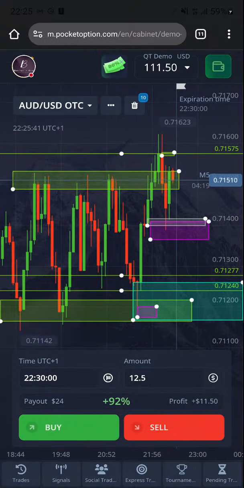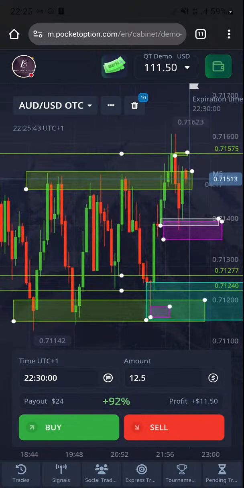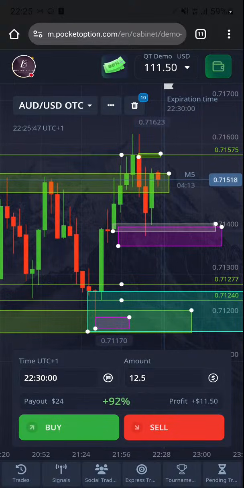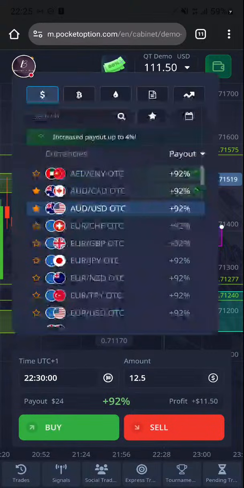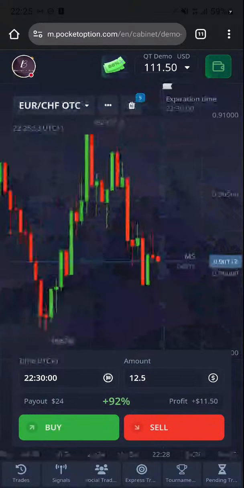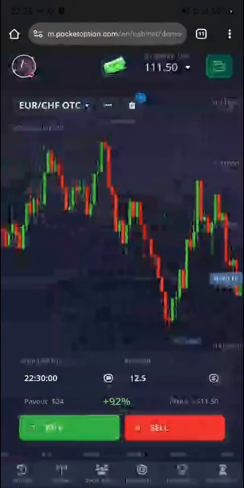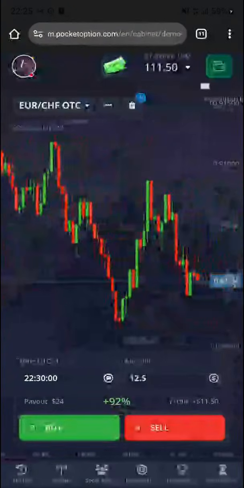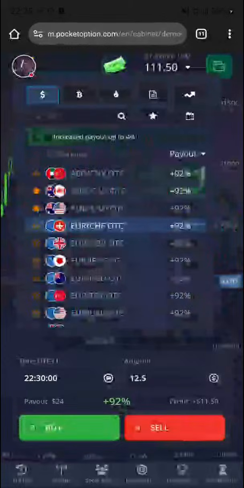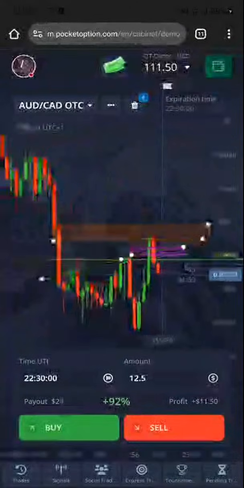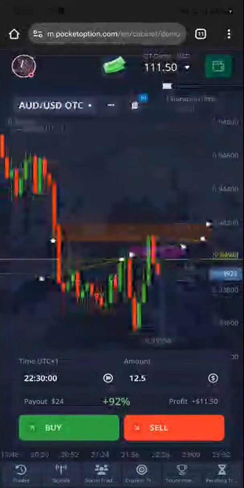Okay. Let's look for a very beautiful trade. Those first two we saw, they were very beautiful. This one and this one.